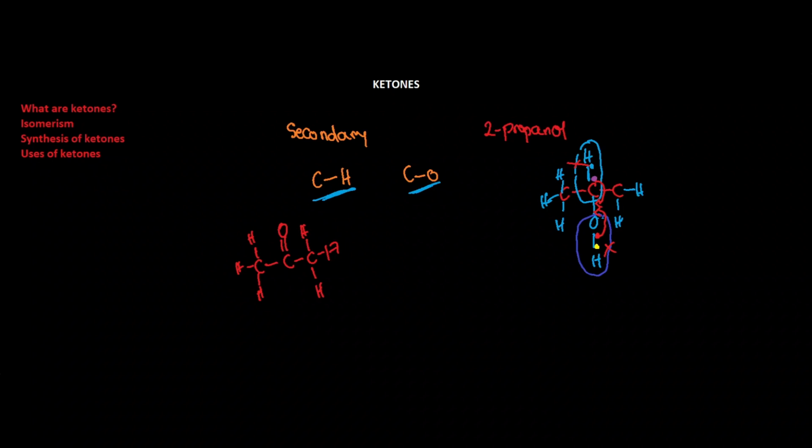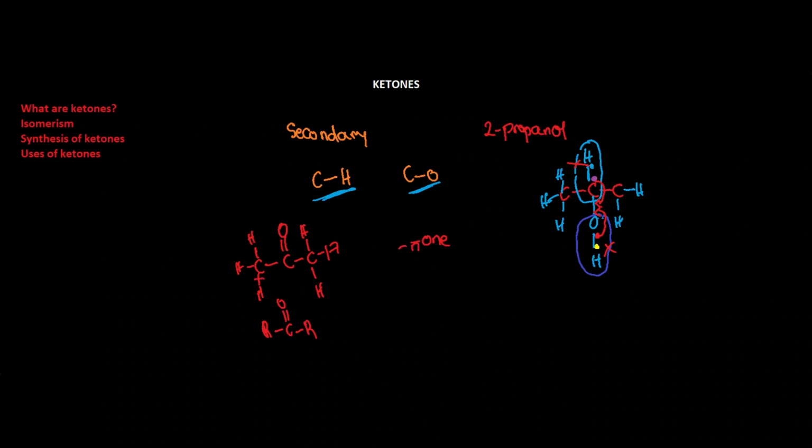Now we can see that on either side of the carbonyl group we have an alkyl group, and in this case the alkyl group is methyl. So R, then the carbonyl group, and another R. So this is a ketone, and this ketone would have the suffix -one.